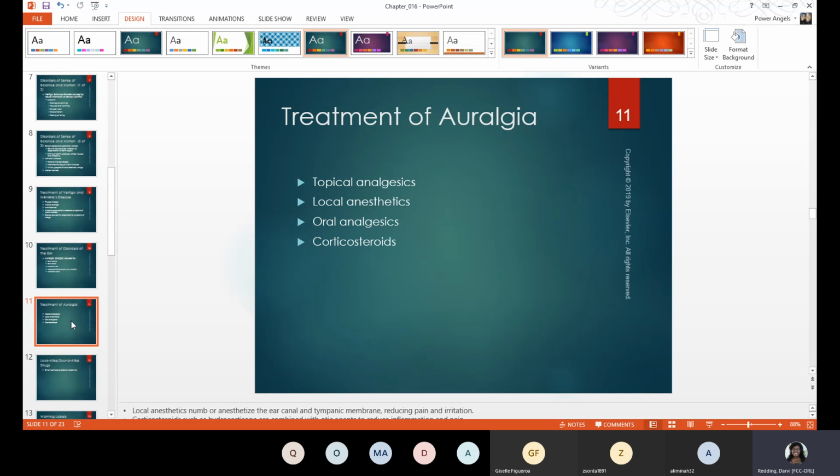Some examples of what may treat the ear pain could be topical anesthetics, local anesthetics, oral analgesics, or corticosteroids. A topical analgesic is going to be something like a lotion or a cream or an ointment or a gel. A local anesthetic is going to be something where the medicine would go locally on that particular area.